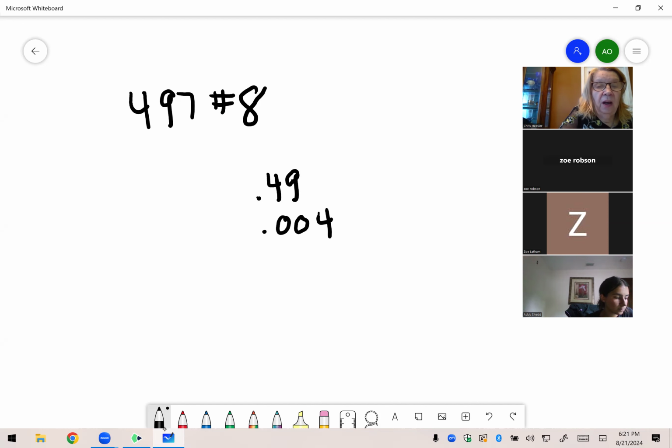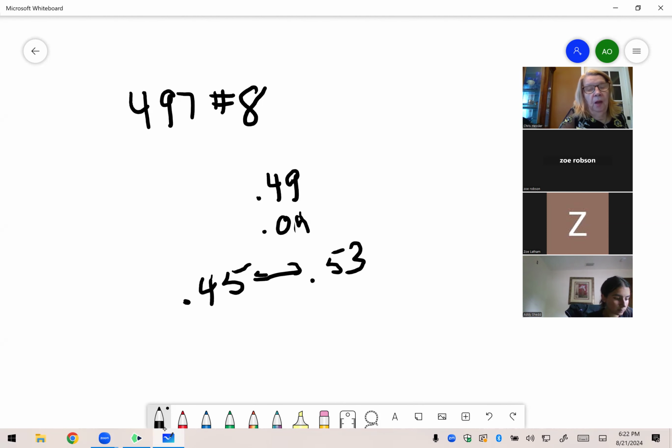If we subtract that, we'll get 0.45. And if we add it, I put an extra 0 in there, sorry, all the way to 0.53. And so the answer would be A, because plausible means it's possible.